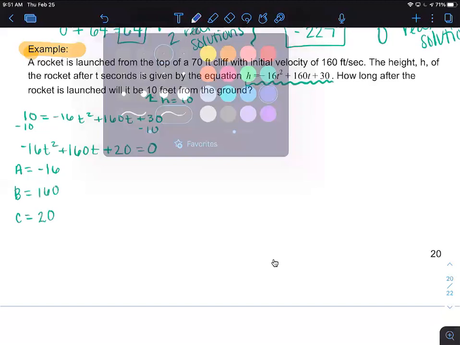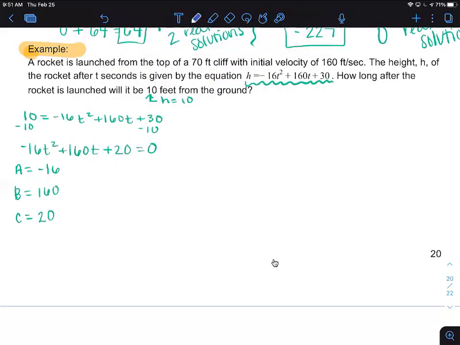And now we're going to plug into our formula. So I'm going to rewrite that formula because the more times you write it, the more likely you're going to remember it. So we have x equals -b plus or minus the square root of b squared minus 4ac all over 2a. All right, so we're going to plug in what we know.